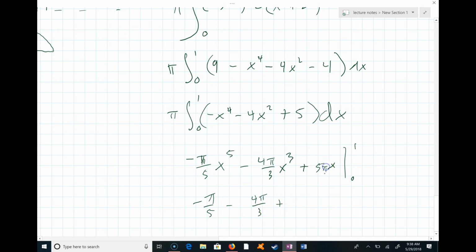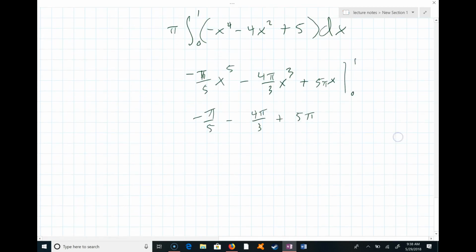Sorry about that, 5 pi there, plus 5 pi. So we have negative 3 pi over 15 minus 20 pi over 15 plus 75 pi over 15. So that would be negative 23 and 75. So that would be what? 52 pi over 15?